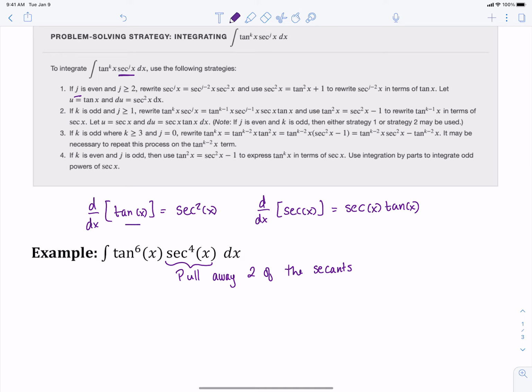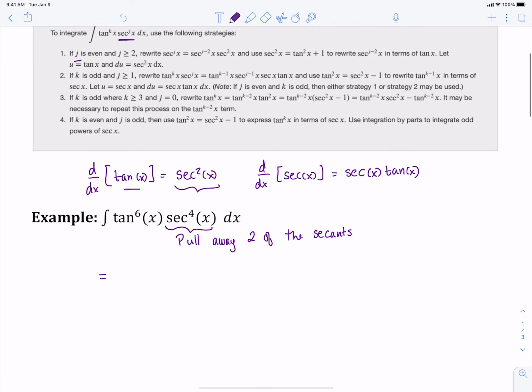And that's because we're going to look at making our u tangent. And we're going to pull away two of them so that we've got a secant squared sitting off to the side that we can use as our derivative of u. So we get tangent to the sixth times secant squared of x times secant squared of x. So that second one that I wrote there is the one that's going to sit there with the dx, and that's going to stay so that we can do substitution.